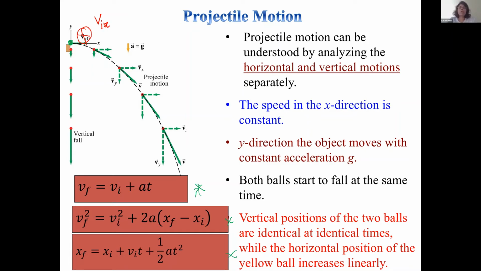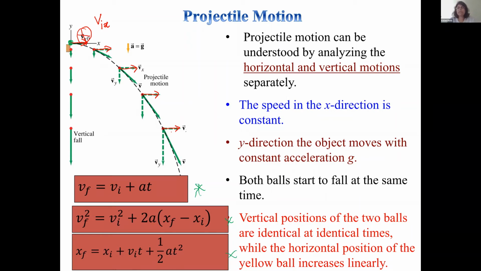Okay. So now V ix, if I project this ball with V ix, this vector that I have as V ix, you see that it is exactly the same size in x direction all the way until you complete your motion. This vector stays the same length.